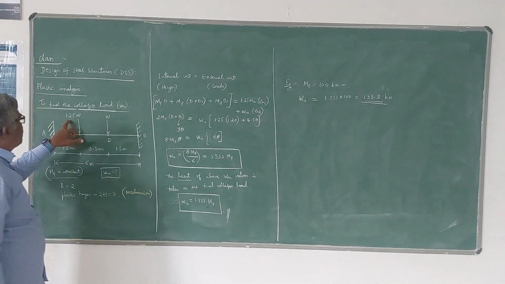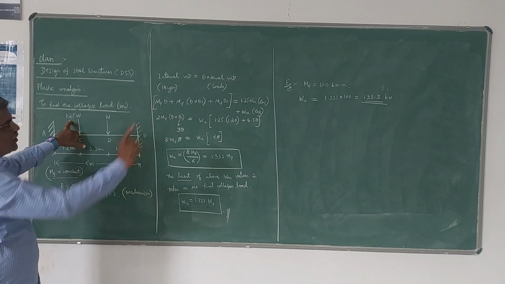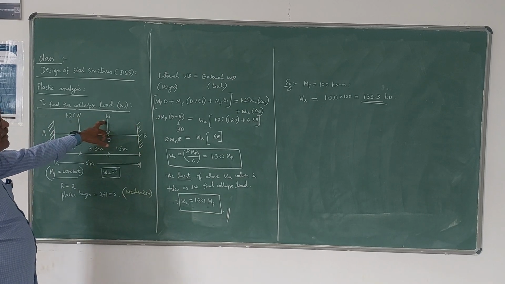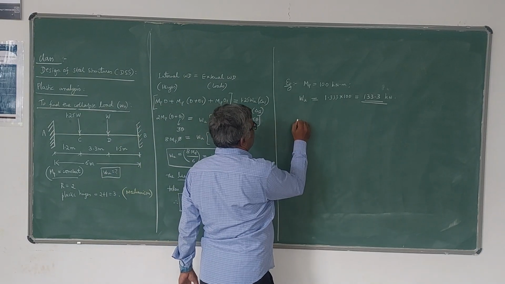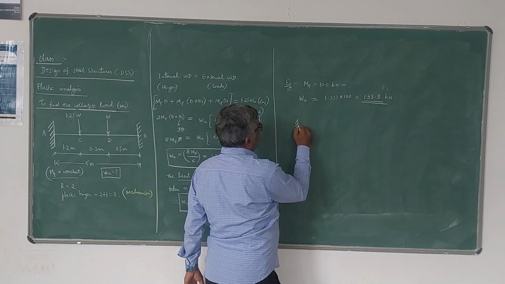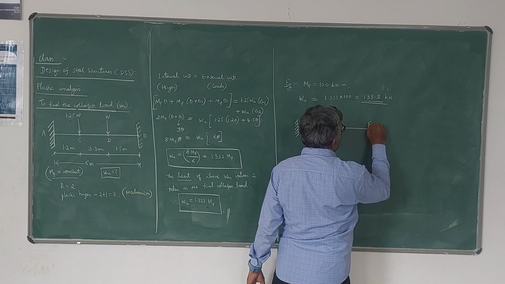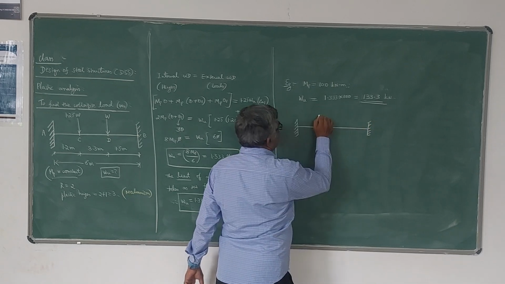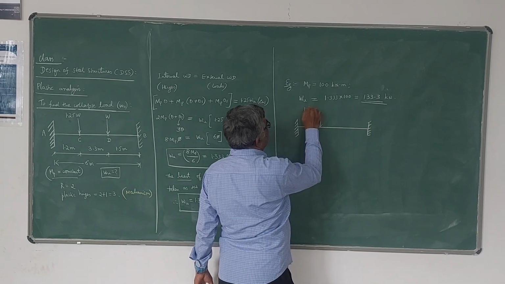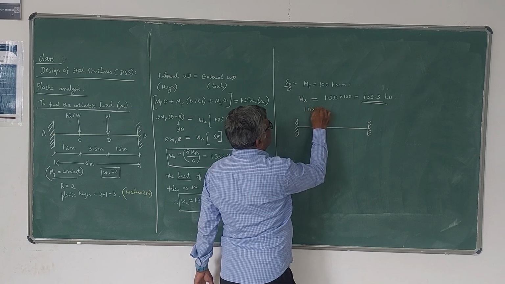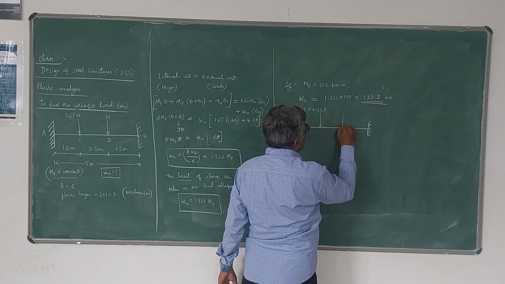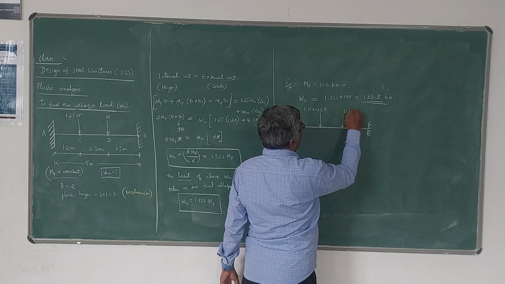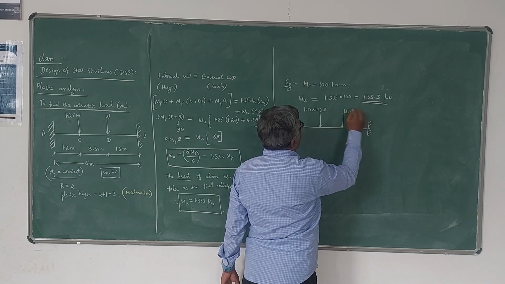So here this is 1.25 times that value, and here it is 133.3. That means the collapse will be like this. The load at collapse will be 1.25 times 133.3 here, and 133.3 kilonewton here.